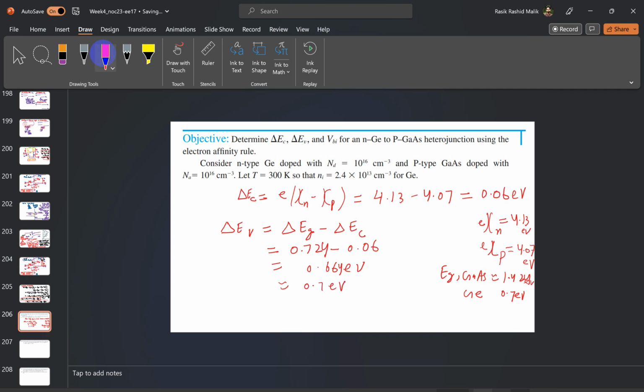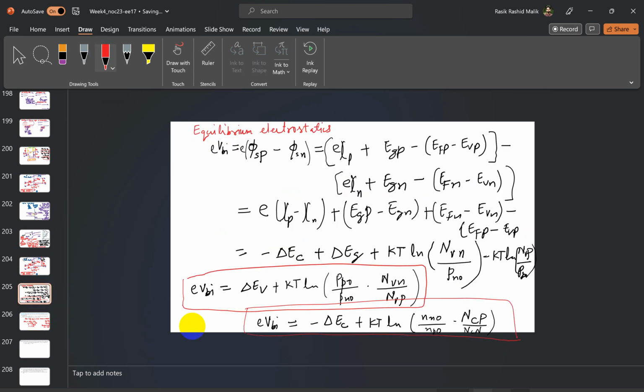And now if you have to determine the VBI, we have to determine the Pn0 on the N side, and the Pp0 in the germanium. So I can write, because the VBI we have calculated here is delta EV, we have already calculated now kT ln of Pp0 over Pn0, and then NVN and NVP.